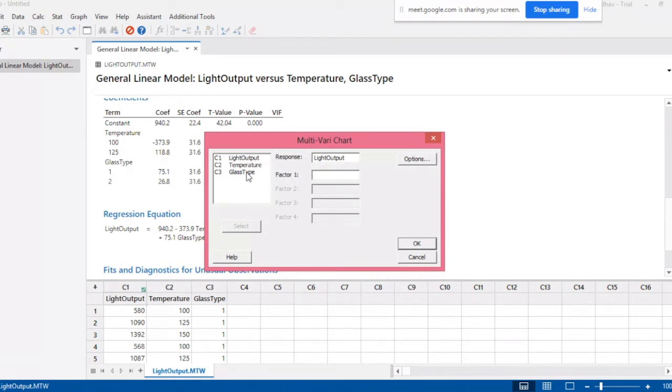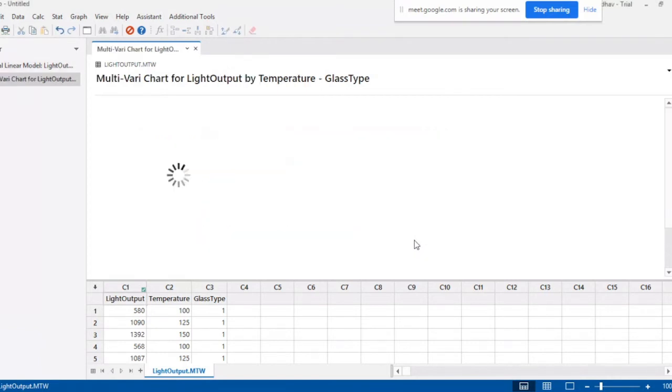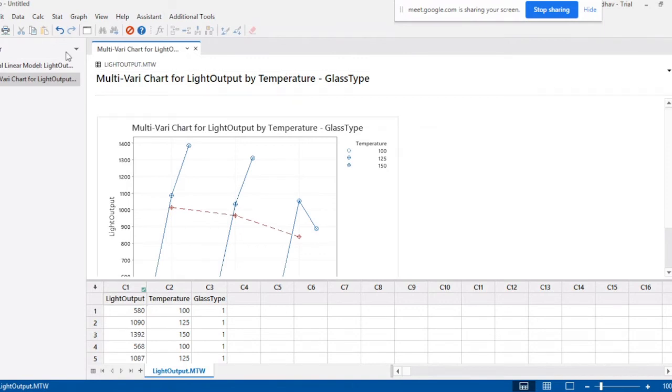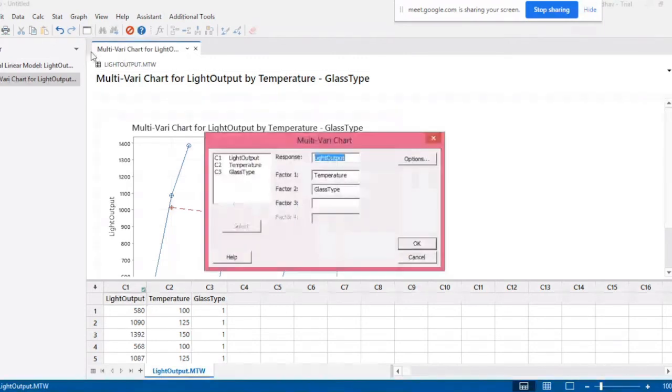Here we can take temperature as the first factor and glass type as the second factor. Now just reverse it: glass type as the first factor and temperature as the second factor.